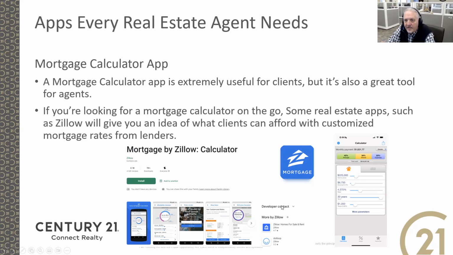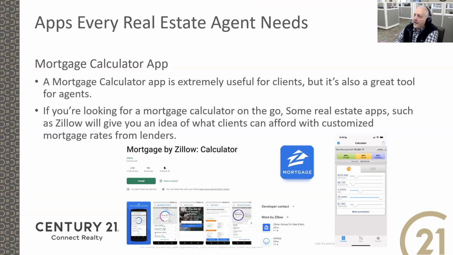When you've got a client that is working on a budget and they have a particular payment in mind, this is a good way to figure out what they can and cannot afford. And if the interest rates have changed since the last time that they got pre-qualified, this might help you figure out what they can still afford.